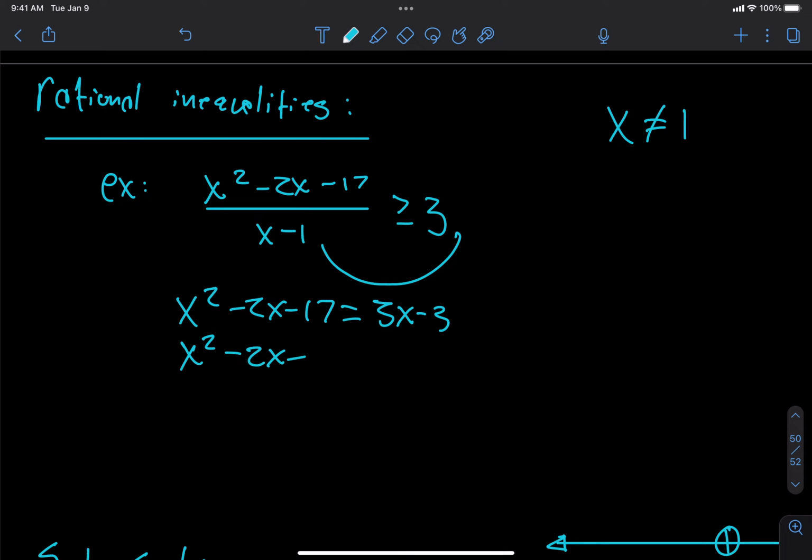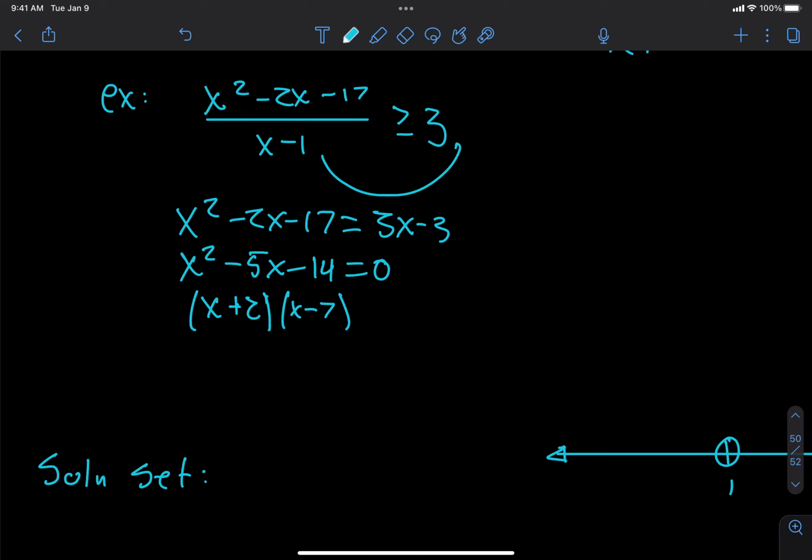Minus 14 equals 0. There should be a 5. We factor, as we factored before, x plus 2 and x minus 7. So therefore, x is equal to negative 2 and x is equal to 7.